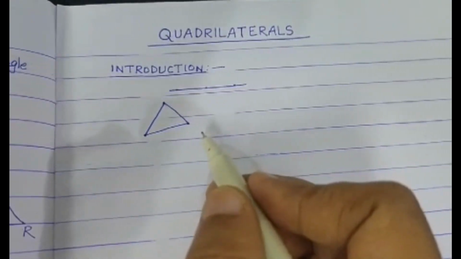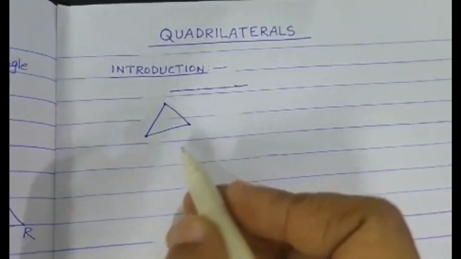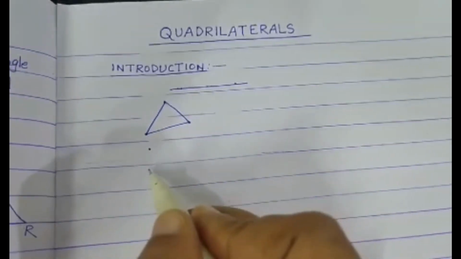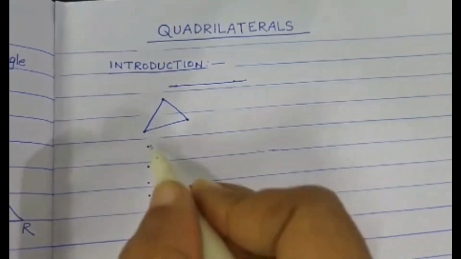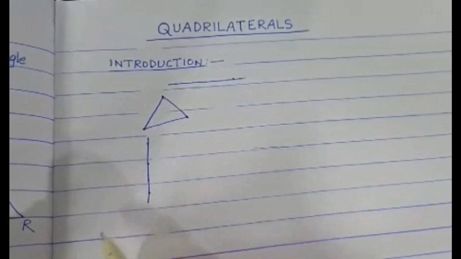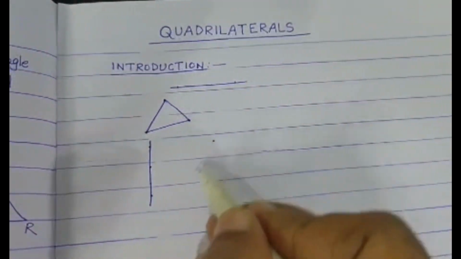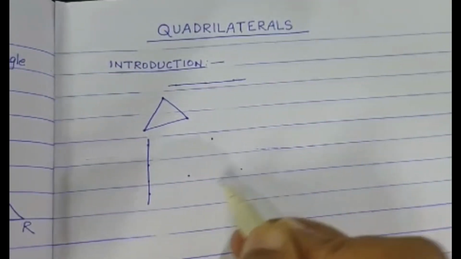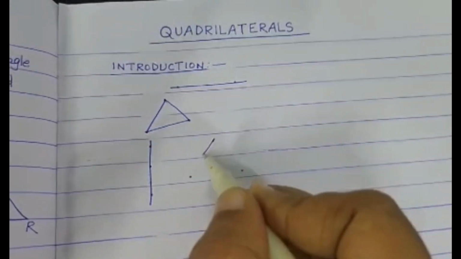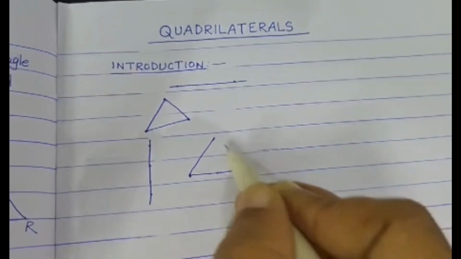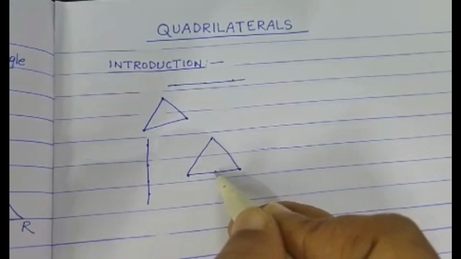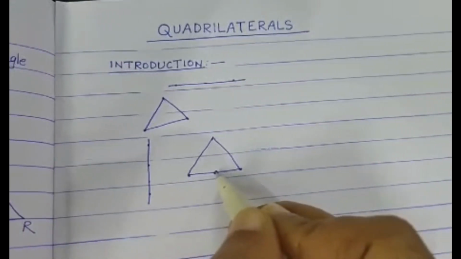Now what happens when you join 4 points? The first case is when the points are collinear, and you get a line segment. If the first 3 points are non-collinear and the 4th lies on the same line, then also you will get a triangle, because 3 of them are collinear.